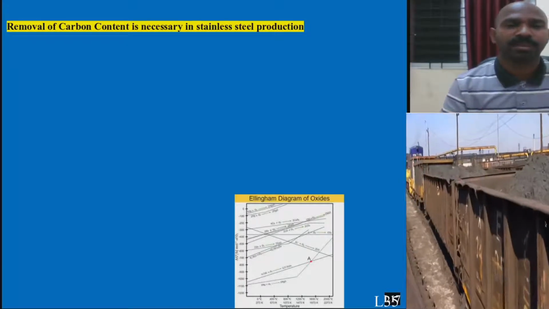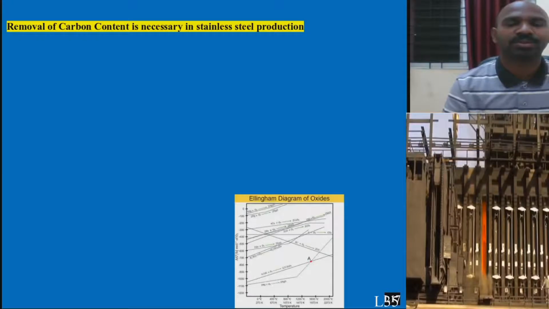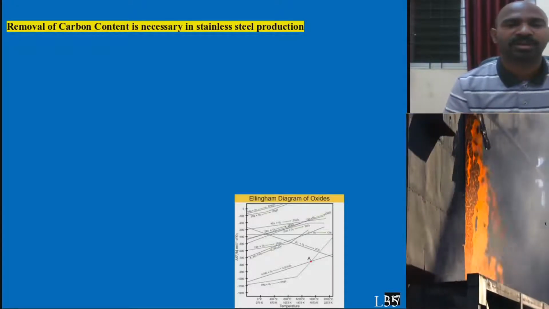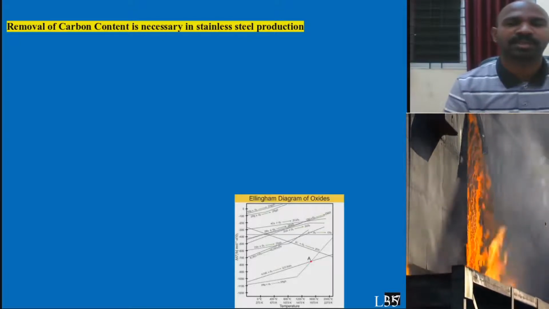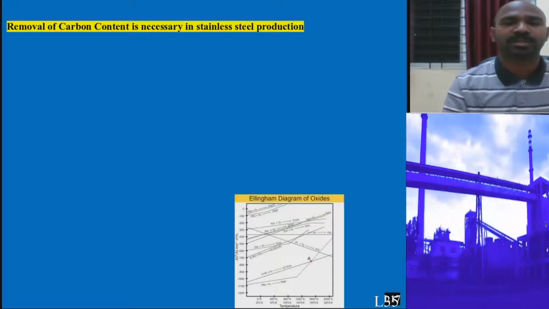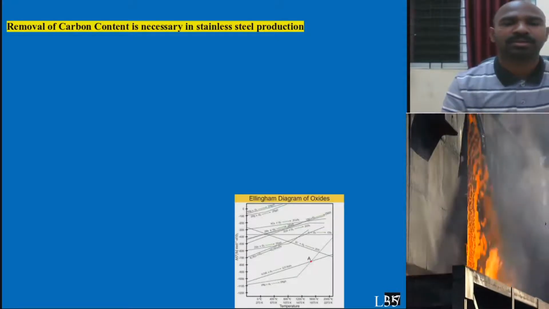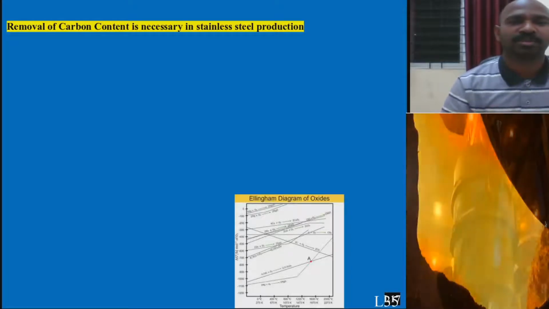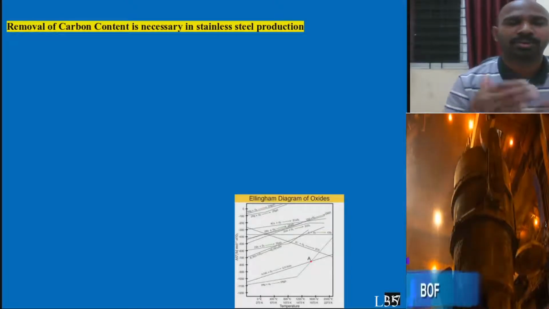For other types of stainless steel, where more carbon needs to be removed, you use a vacuum oxygen decarburizer, where reduced pressure is applied so that you can bring the carbon content down to very low, around 0.03 percent.